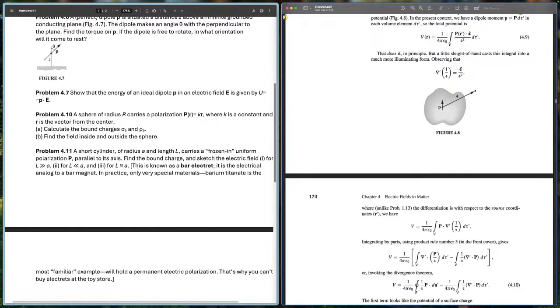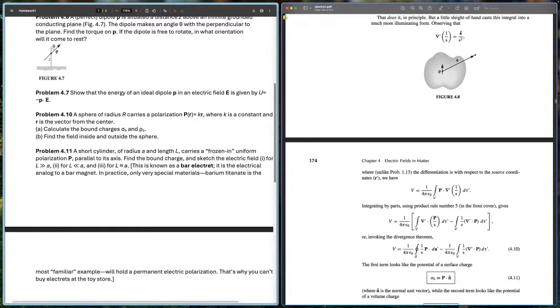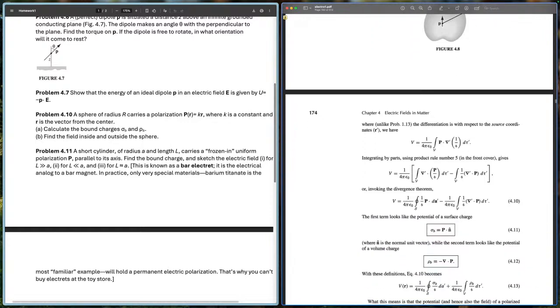Okay, and then there's some fancy stuff going on here. You take the gradient of the displacement vector of 1 over that to get r hat over r squared. Then you write this in terms of integration by parts. Then you use the divergence theorem.